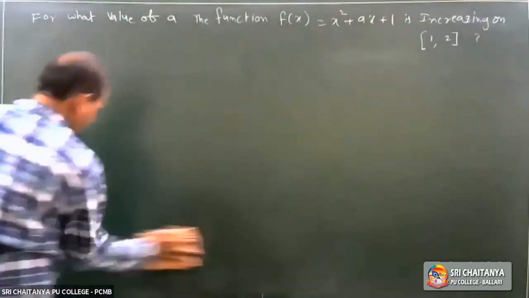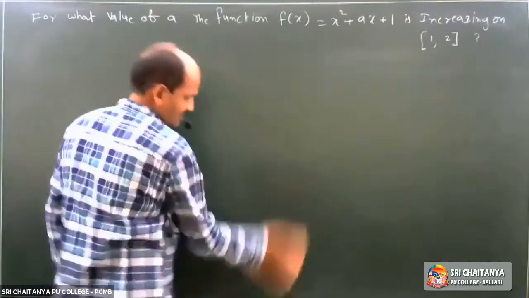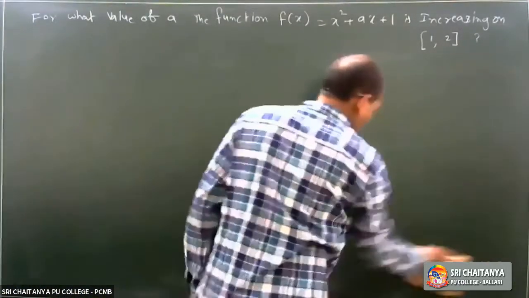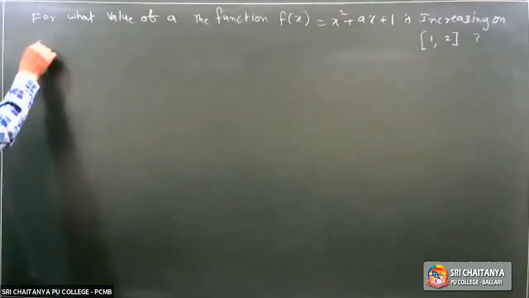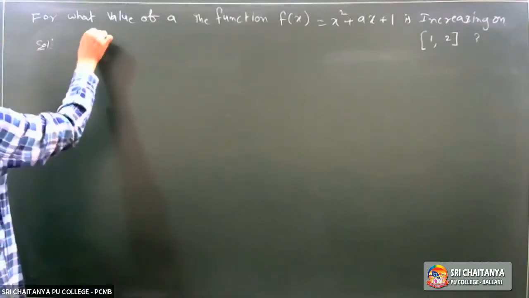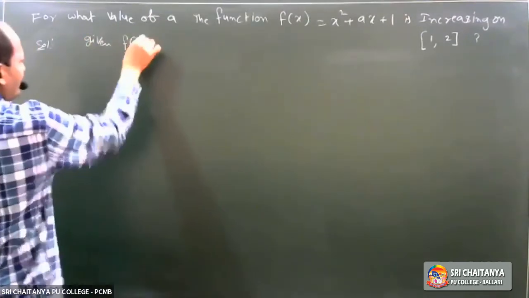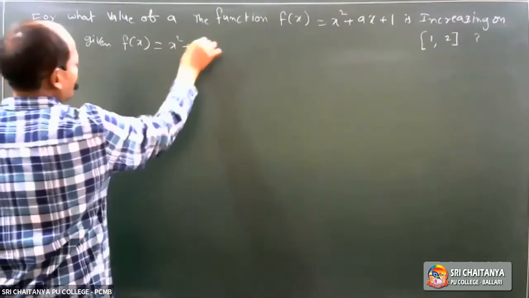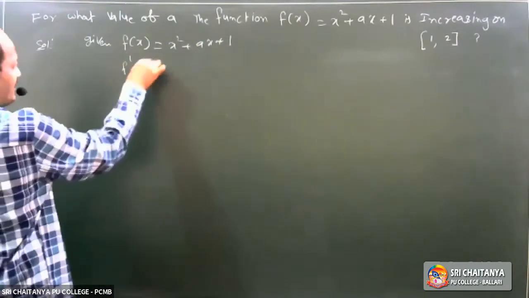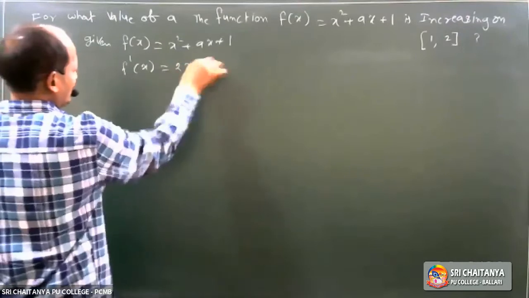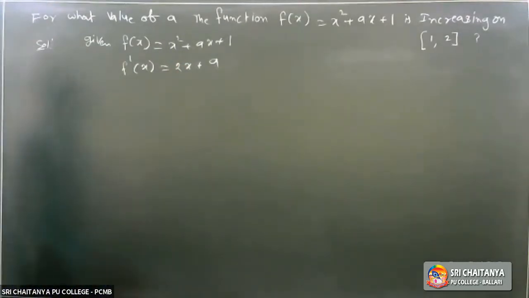Already the function is increasing on the interval 1 to 2. Then find the value of a. Given f of x is equal to x square plus ax plus 1. What about its derivative? It is 2x plus a.